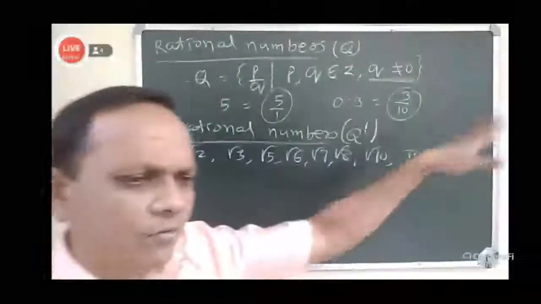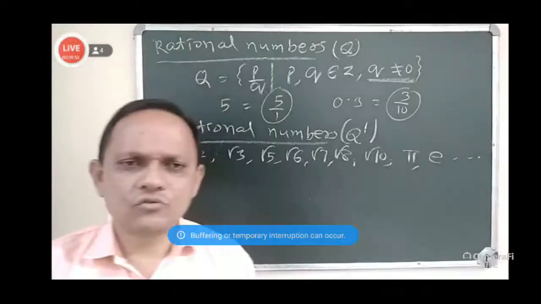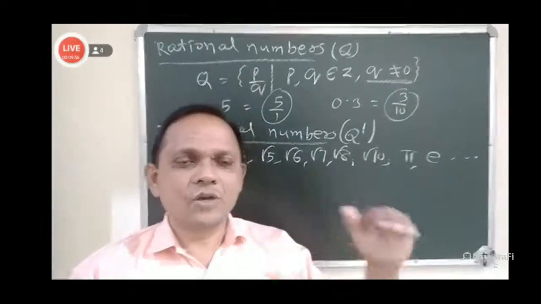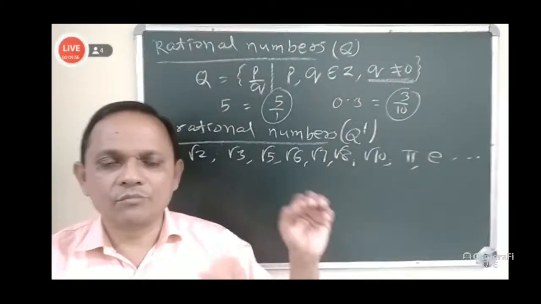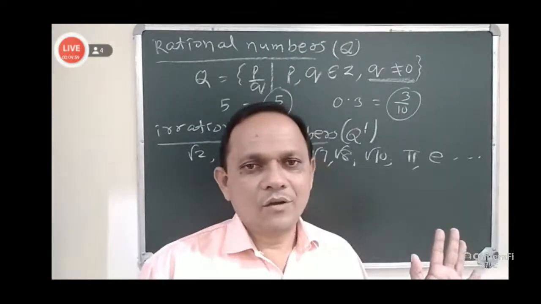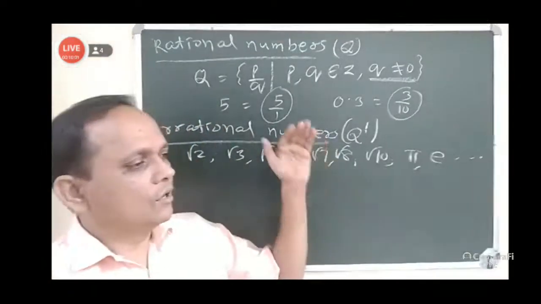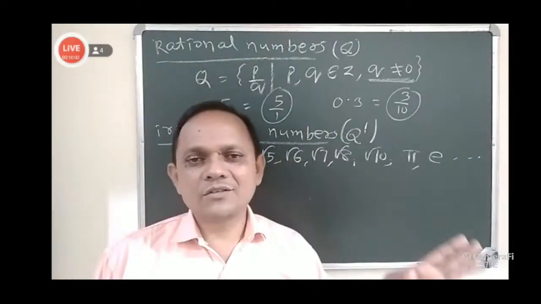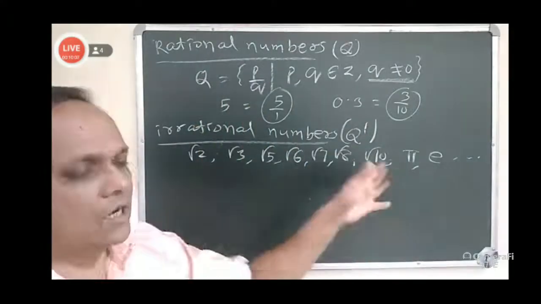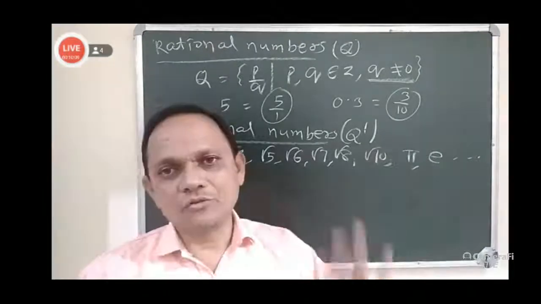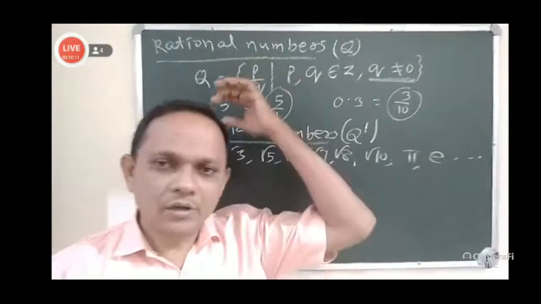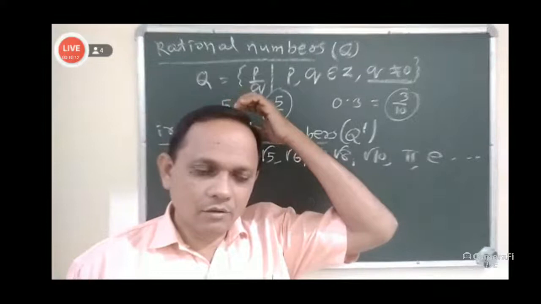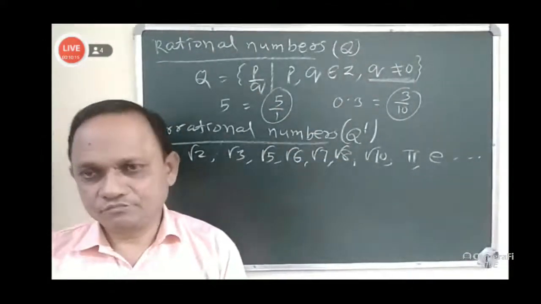Irrational numbers are uncountable. All number systems, natural numbers, whole numbers, integers, rational numbers, irrational numbers, and real numbers, are uncountable.